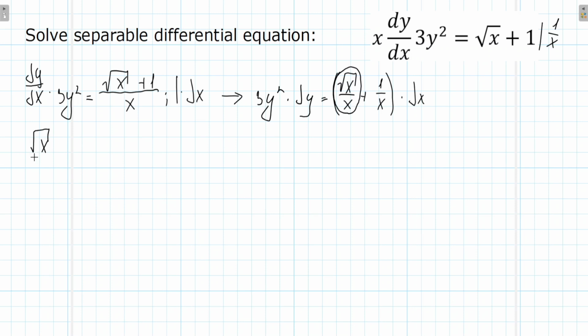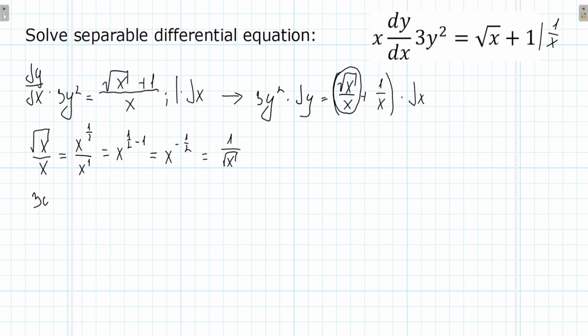The square root of x over x is the same as x to the power of 1/2 over x to the power of 1, which is the same as x to the power of 1/2 minus 1, which is equal to x to the power of negative 1/2, which is equal to 1 over the square root of x.